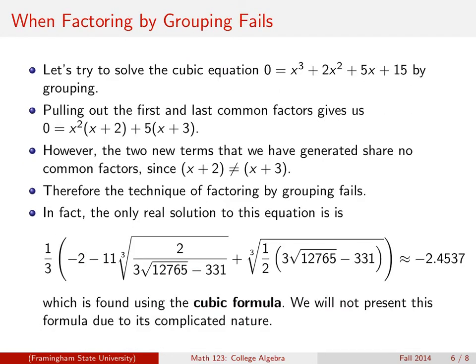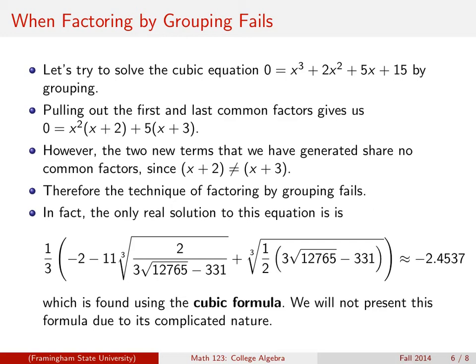So not always does factoring by grouping work. Here's a cubic where if you factor out the greatest common factor of x squared, you'll have x plus 2 left over. Here you factor out a 5, you'll have an x plus 3 left over. The x plus 2 and the x plus 3 are not the same, so we can't actually do factoring by grouping. So there's a very interesting history behind factoring cubics, but factoring cubics is a tough thing to do.